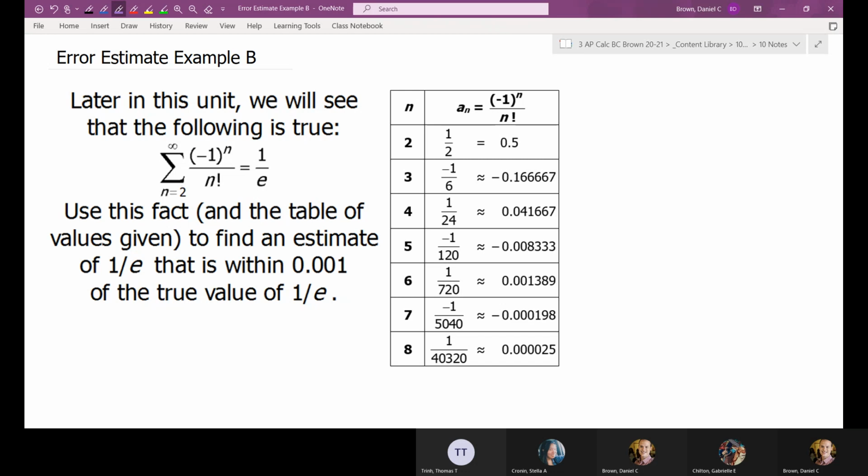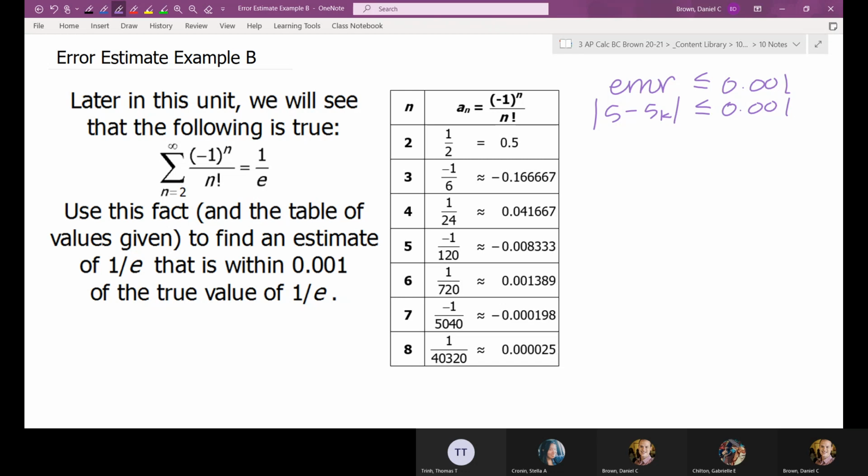We're basically trying to show that the error is less than or equal to 0.001. So we need to figure out which partial sum, which s sub k, I need to add up to be within 0.001 of the actual value of that series.